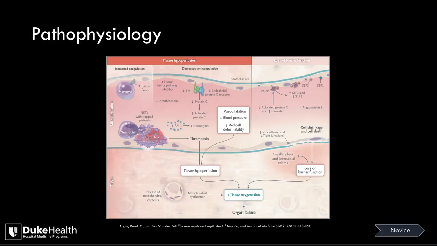Another famous medication that was used in the past for sepsis, severe sepsis and septic shock was activated protein C, which was designed to act on the thrombotic complications of sepsis, and that also was taken off the market due to negative effects. So this is a very complicated process. We don't have many targeted therapies, as we'll get to, and prevention before it gets so severe is paramount.